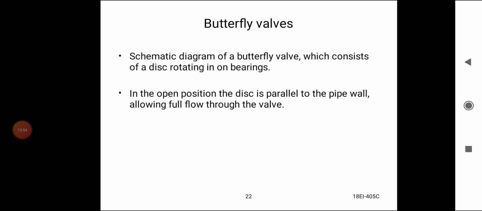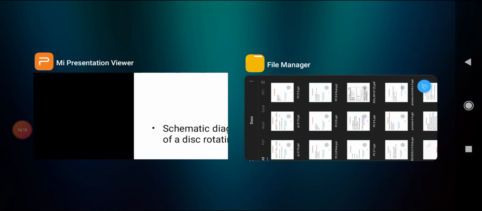So when you are rotating the butterfly valve, the disc is parallel to the pipe, allowing a full flow through the valve.